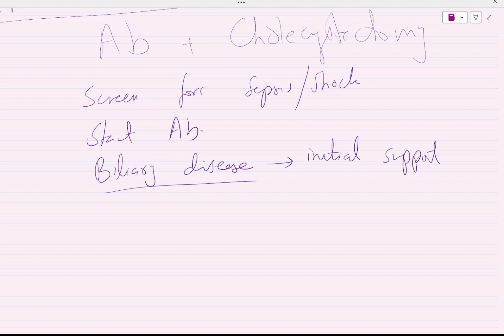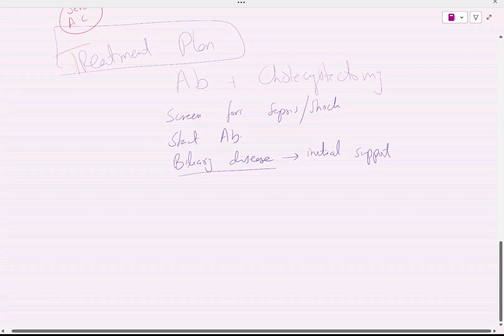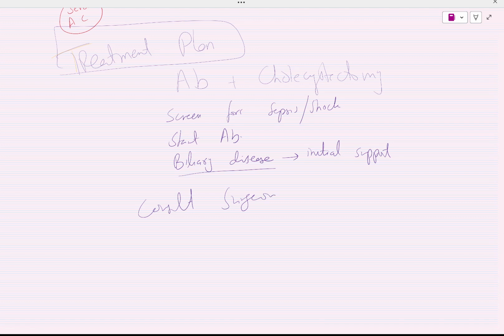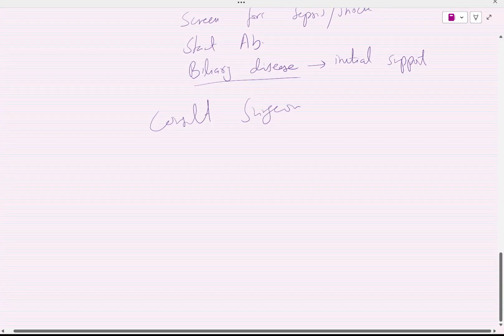And then we consult the surgeon for operation. So what is the definitive management?